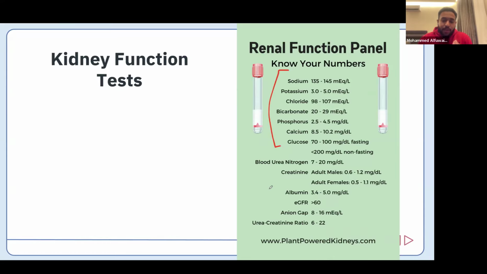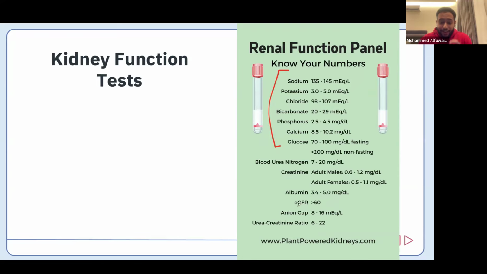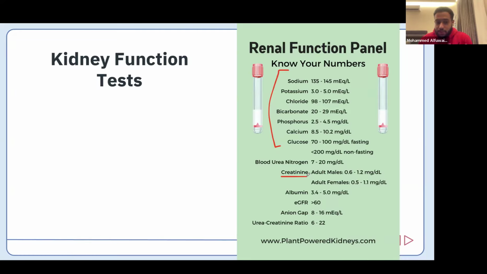Then from here, do you want to order GFR for acute kidney injury? Yes or no? No. It's not going to help you in acute kidney injury. What will help you is creatinine. Okay? You'll see a rise in creatinine that occurs in acute kidney injury.